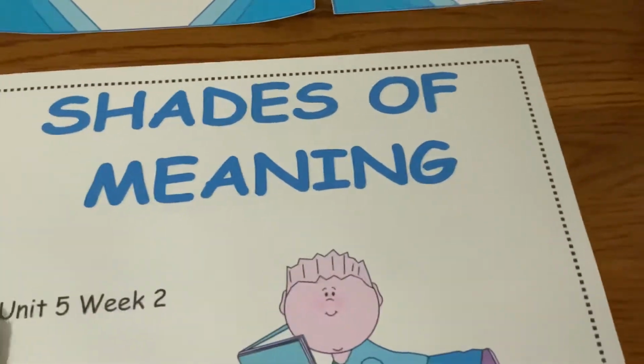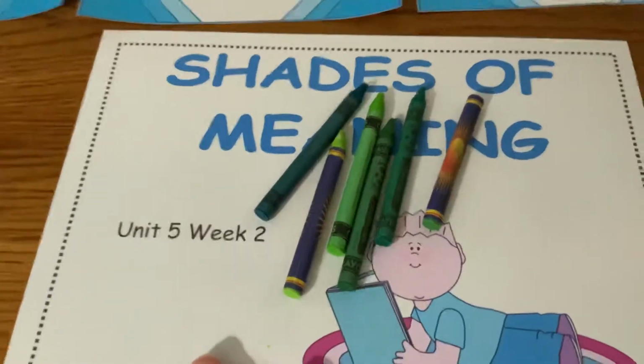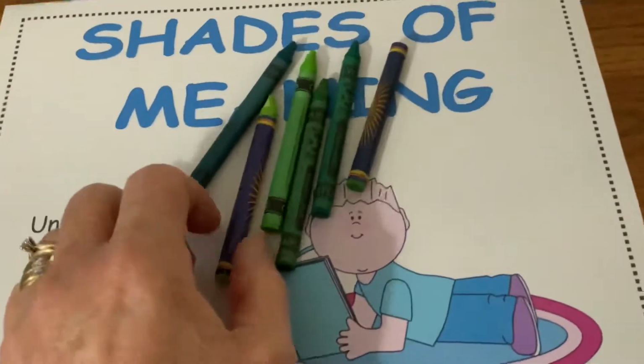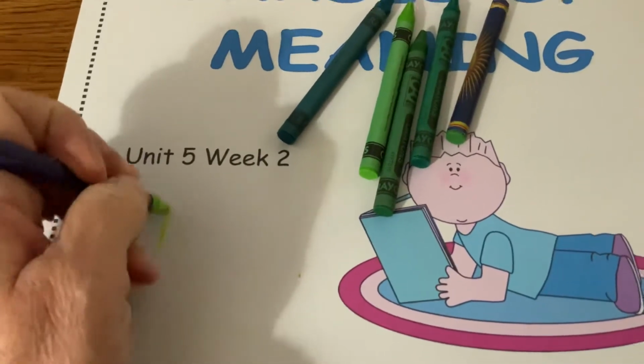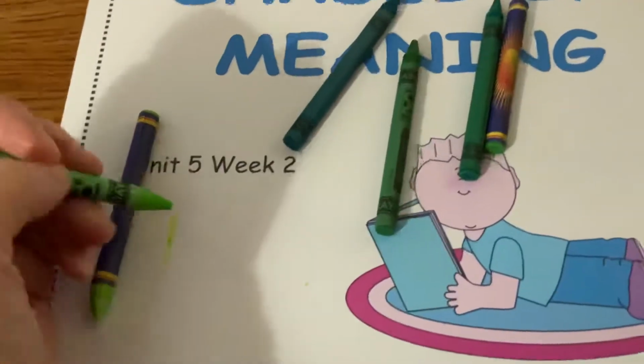When you're coloring something and you go to get your crayons, and you have greens, and you say, which green? Is this green okay? Well, there are greens that are really light green, like this. Then this one would be a little bit darker.